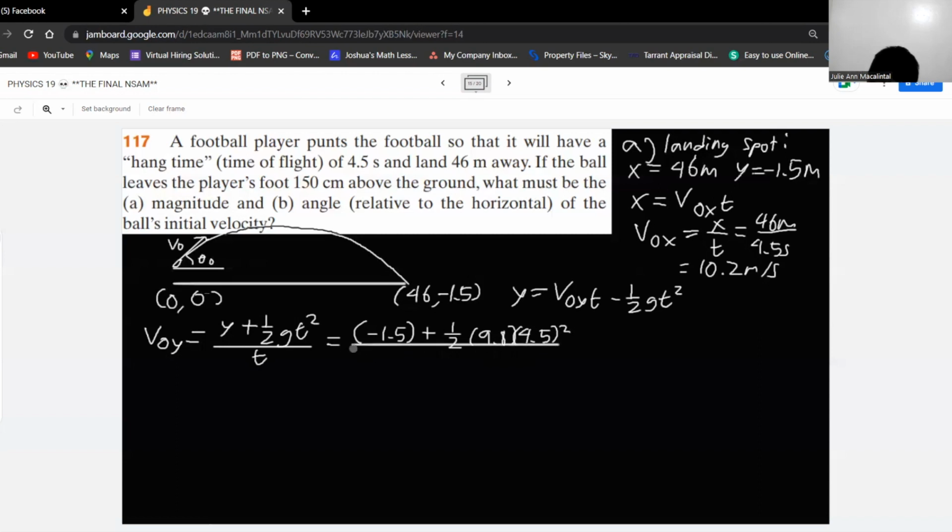Wait. Plus 1/2. Okay, sige. So y plus 1/2 g t squared.